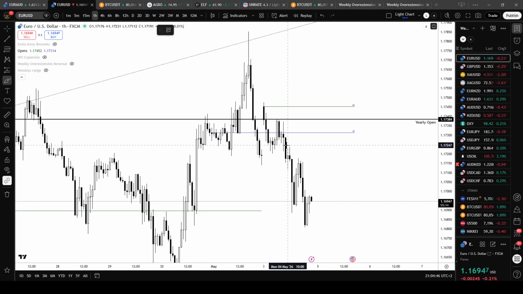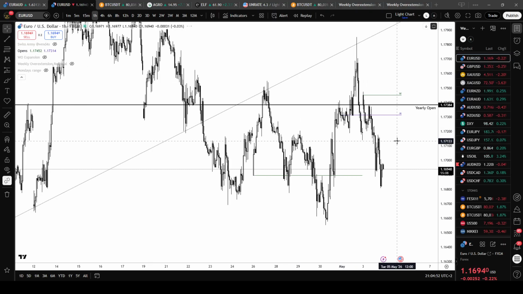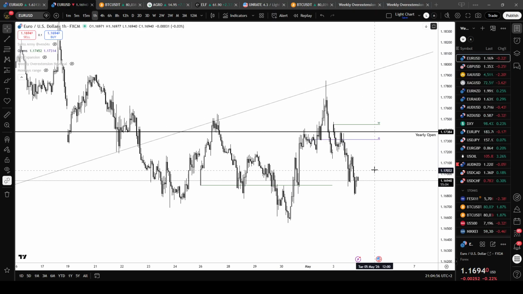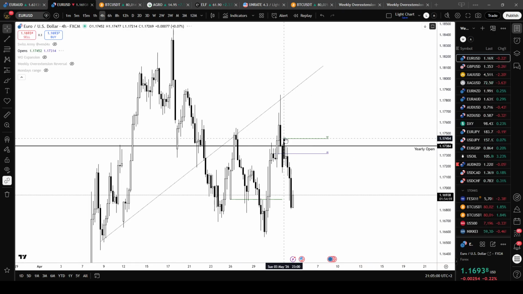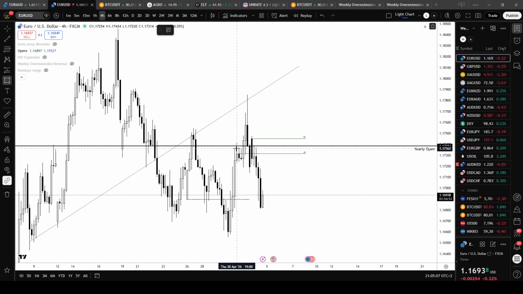It was immediately sold off and we are trading into last week's lows. So yeah, if you look at the H4, you're going to see a lot of rejection just above the monthly open and below the yearly open.